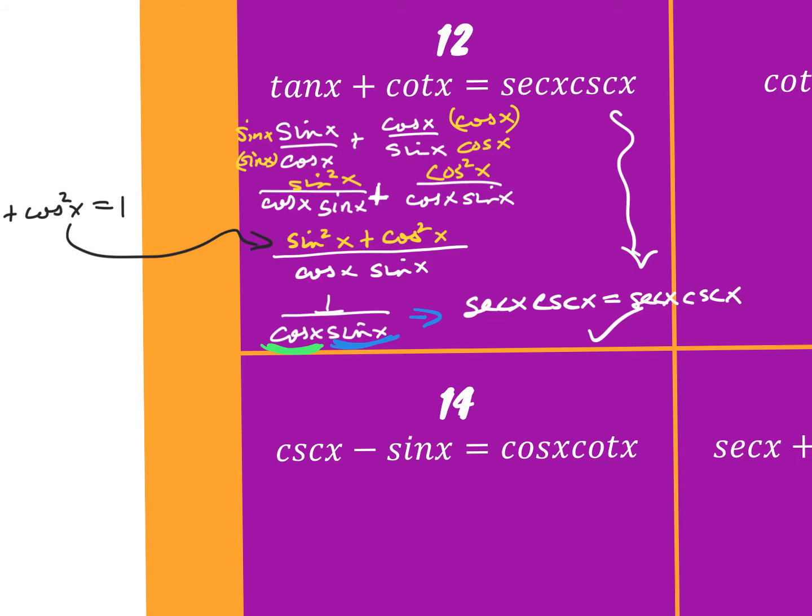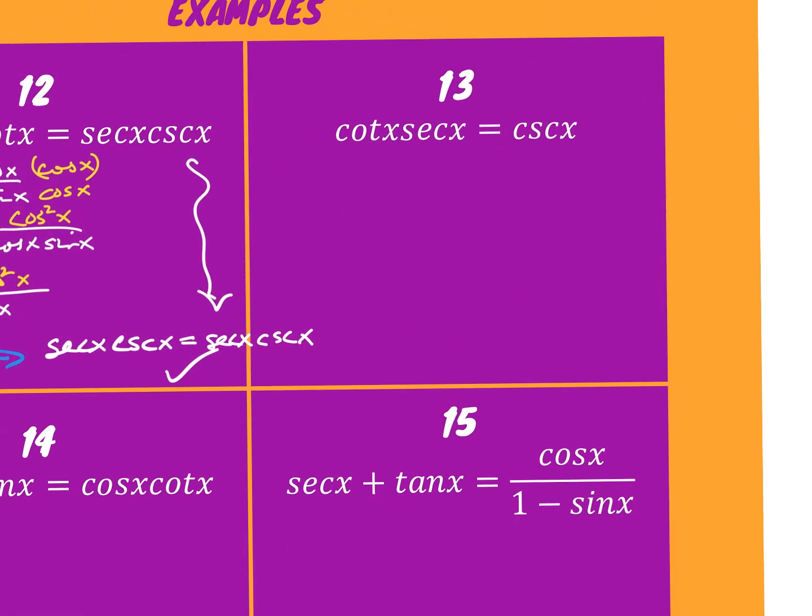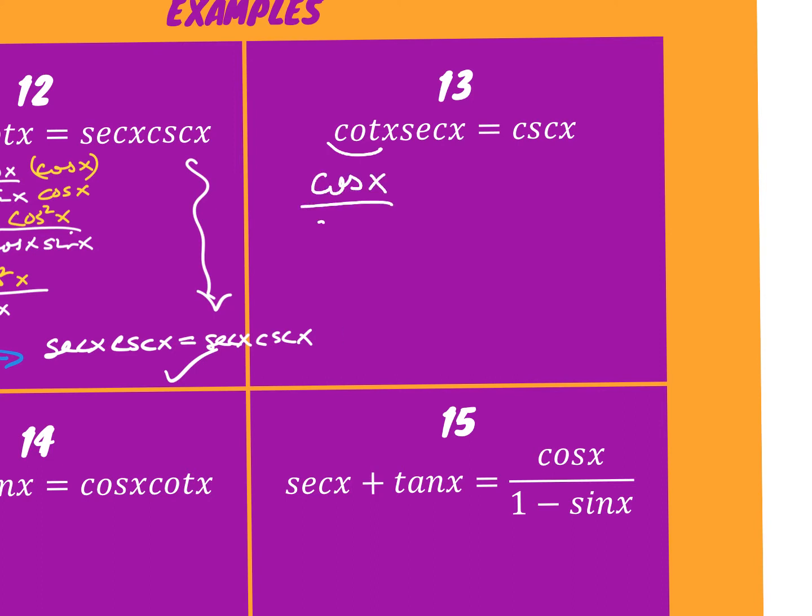Let's try 13. For 13, I'm going to use the same technique. I'm going to change everything to sines and cosines. That was one of the tips. So I'm going to change cotangent into its quotient identity, which is cosine x over sine x. And I'm going to turn secant into its reciprocal, which is 1 over cosine.